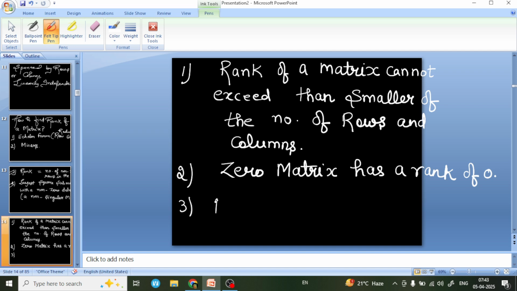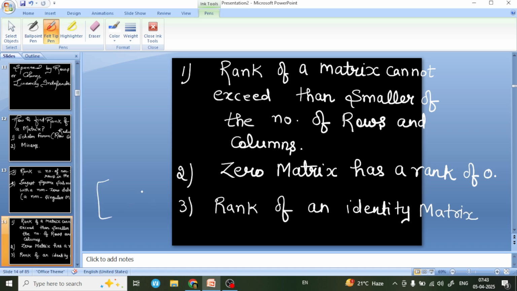Third, the rank of an identity matrix. Which is an identity matrix? In which the diagonals will be 1 and the other elements are 0. 1 1 1 0 0 0 0 0 0. Sorry, I have given a wrong example. This is not an identity matrix.